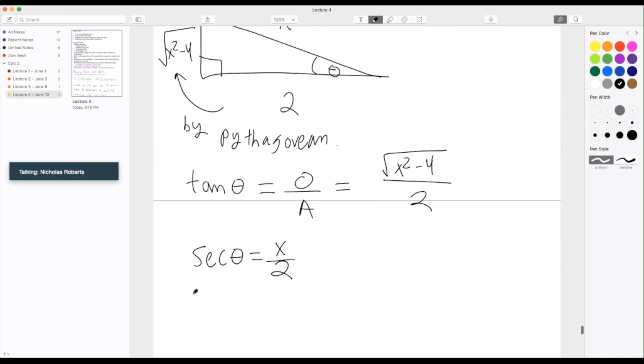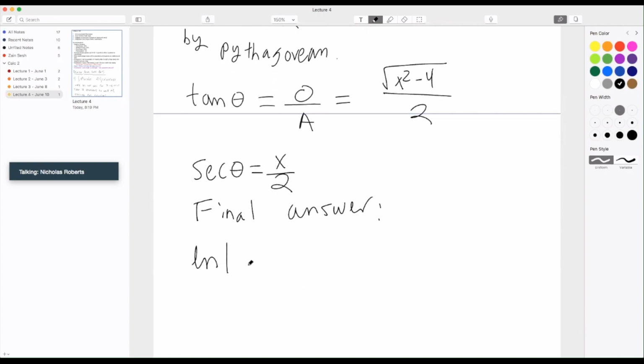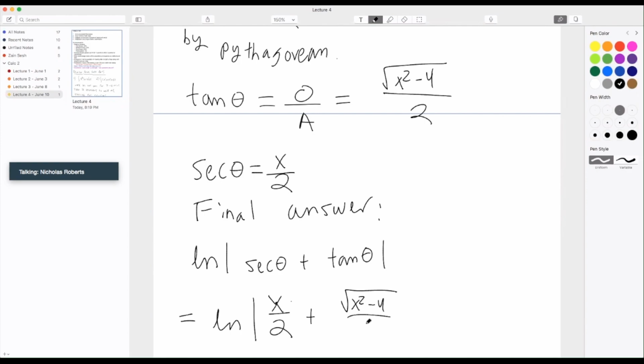So we have everything we need. Final answer: ln secant theta plus tangent theta is equal to the natural log of x over 2 plus the square root of x squared minus 4 over 2, plus c.